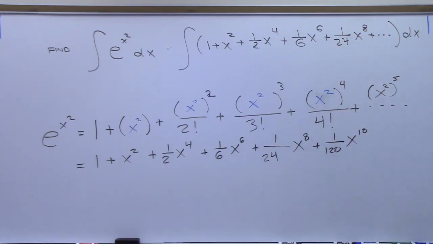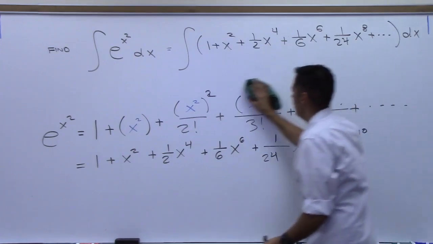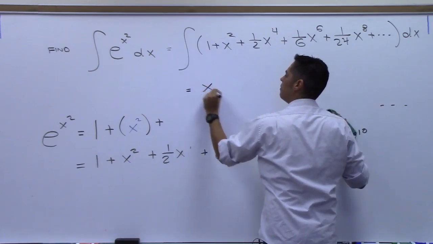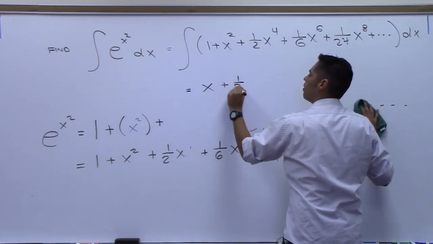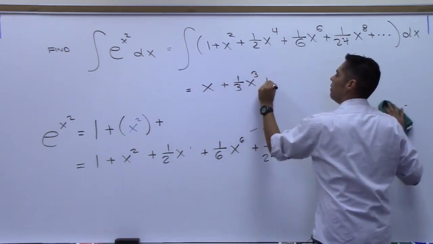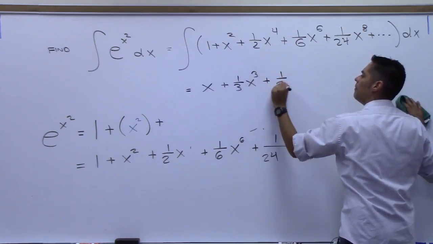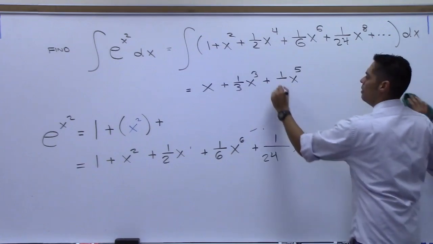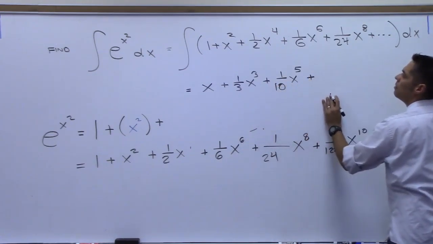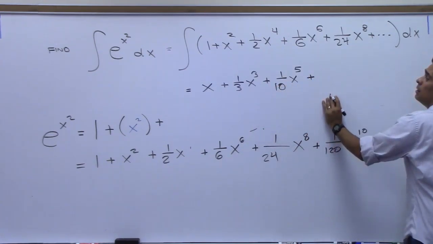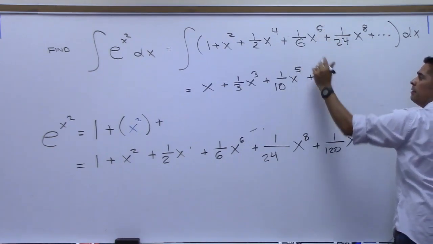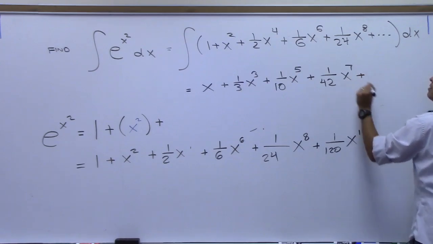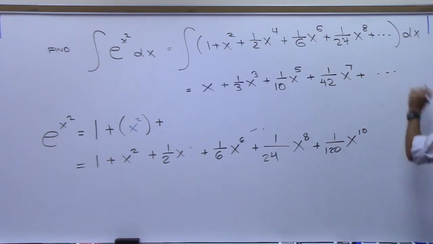So the antiderivative of that would be, let's do it. What is the antiderivative of that? x, 1/3 x cubed, 1/10 x to the 5th, plus 1 over 42 x to the 7th plus dot, dot, dot, right?